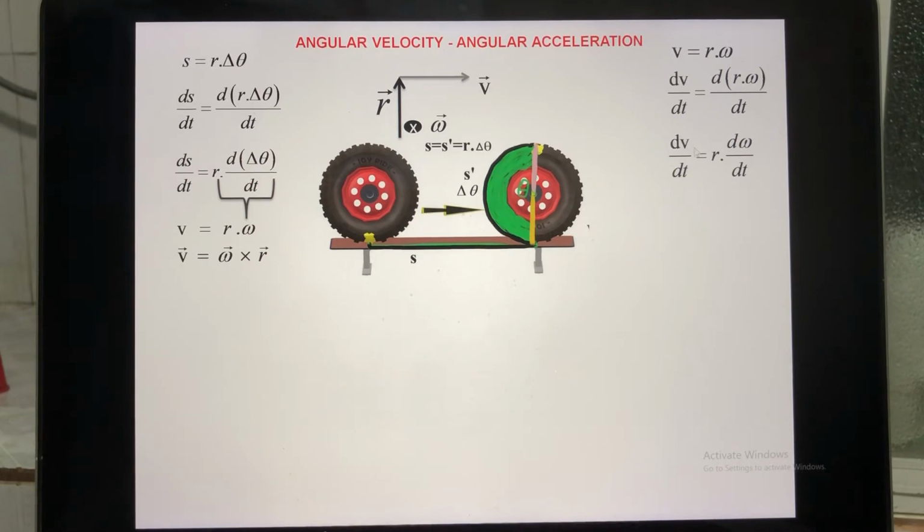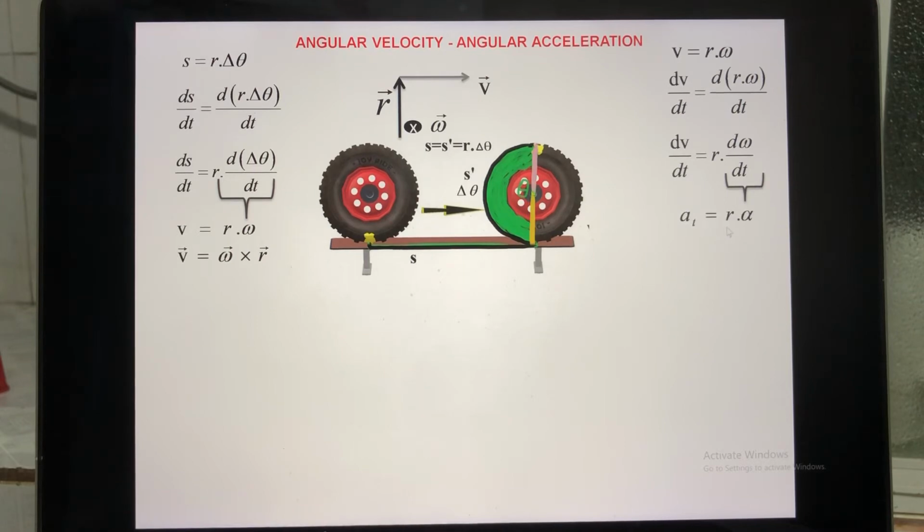Now remember, if you take the derivative of velocity with respect to time, you have acceleration, and the radius, you rewrite it here. Here is the change of angular velocity with respect to time, so you have angular acceleration. Therefore, this one is the relationship between the tangential acceleration, linear acceleration, and the angular acceleration.